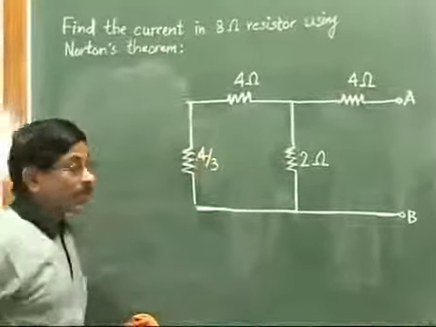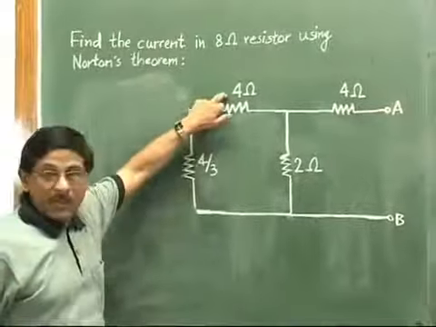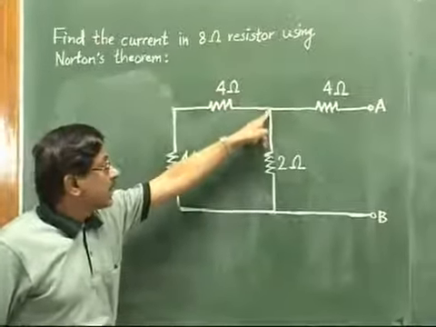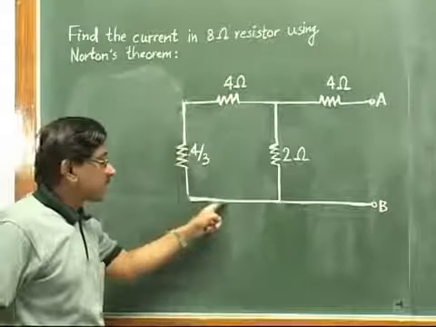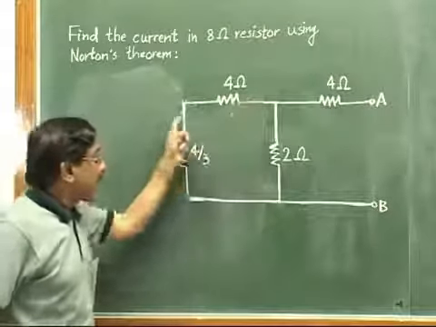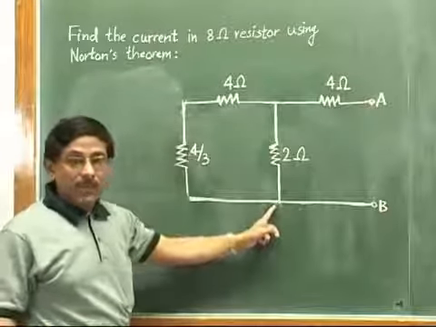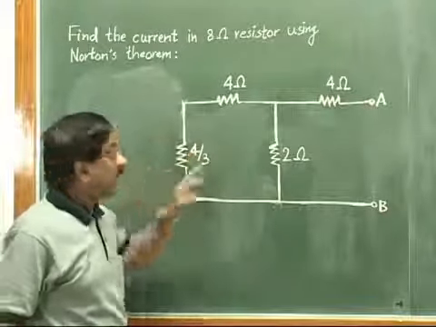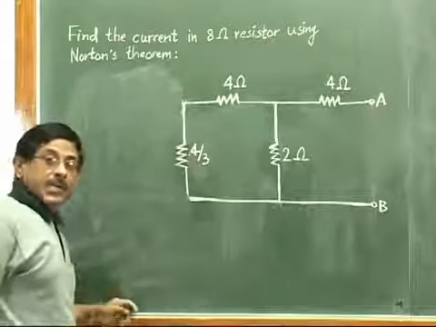Now further we have to reduce. You will find that this 4 by 3 and this 4 ohm are in series, because if you look at this branch, this 4 ohm is coming in series with this 4 by 3. So this entire branch you can replace with the series combination. Series combination is just the simple addition. So 4 plus 4 by 3 will be 16 by 3.